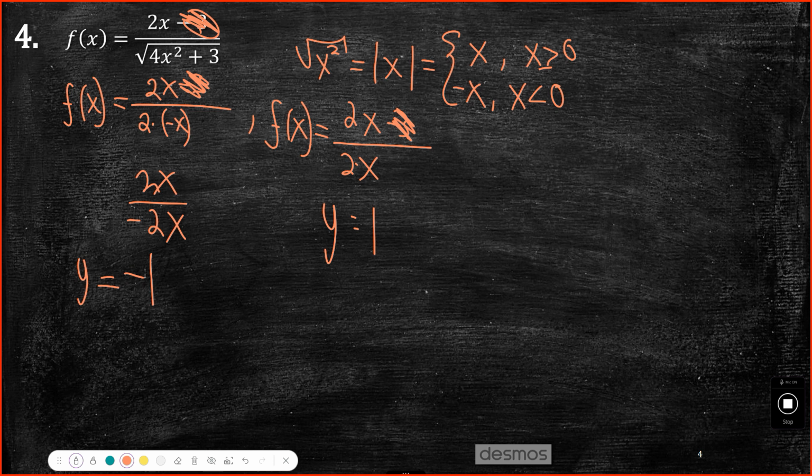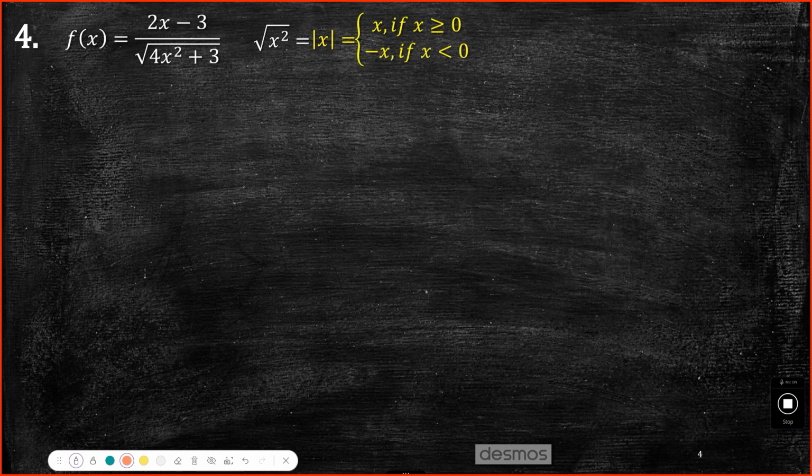So whenever you have an absolute value from the square root of x squared, you would have two horizontal asymptotes. So you have to remember that. To write it even better, because these are limits actually: the limit as x approaches negative infinity of f of x will equal 2x over negative 2x, and this is negative 1.